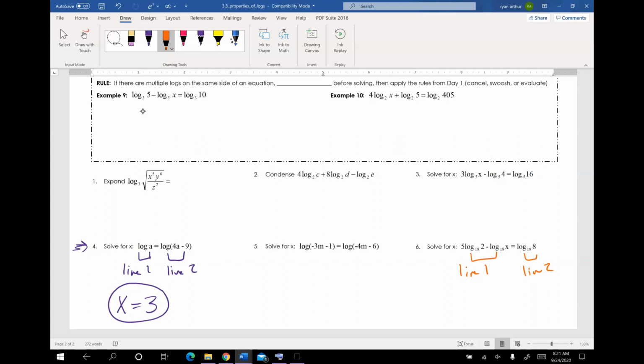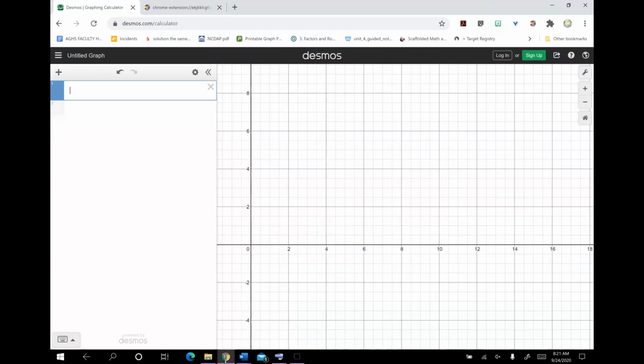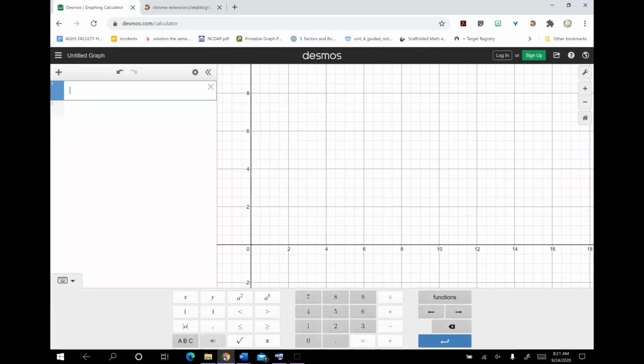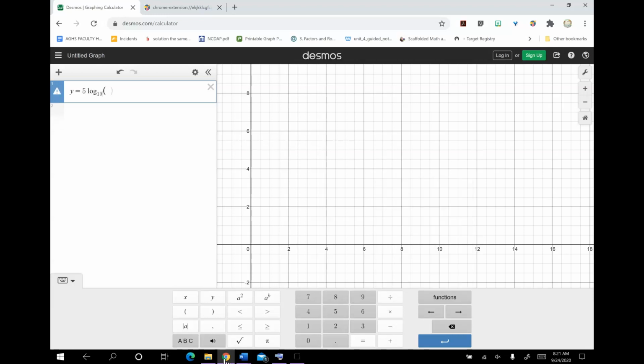All right, let's go. All right, so left-hand side line 1, right-hand side line 2. So I'm going to pull up my keyboard, and it's going to be y equals 5. This one has a base of 19, so I need to choose the one with a base. 19, arrow over, and 2 goes on the inside.